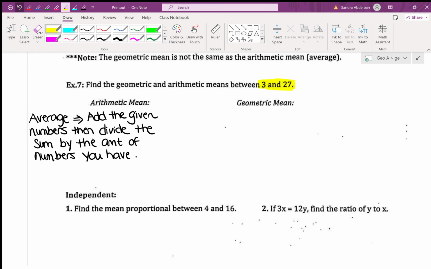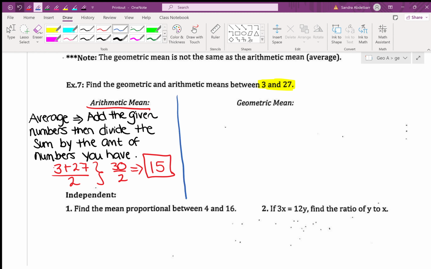So if I'm finding the arithmetic mean of 3 and 27, what am I going to do? 3 plus 27 and then divide it by 2. What's 30 divided by 2? 15. So the arithmetic mean is 15. All right, geometric mean. To find the geometric mean, what we're going to do is set up a proportion.